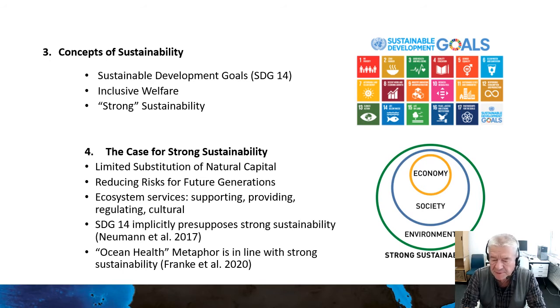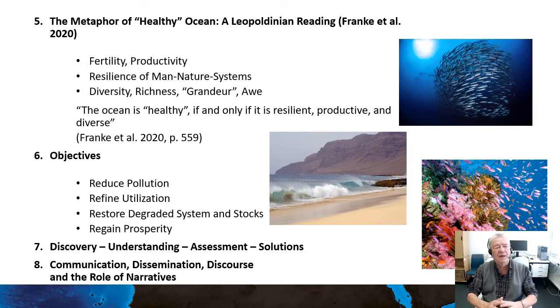And the ocean health metaphor, which is to be found in SDG 14 also, is presupposed by strong sustainability. The metaphor of a healthy ocean can be given a Leopoldian reading. Aldo Leopold was a famous nature conservationist. And as Franke et al. argue, the ocean is healthy if and only if it is resilient, productive, and diverse. So the metaphor of health can be translated into more scientific, credible terms: productivity, resilience, and diversity.